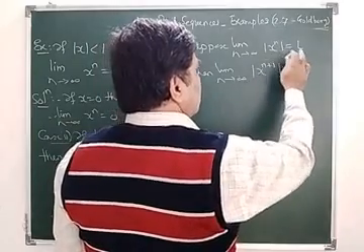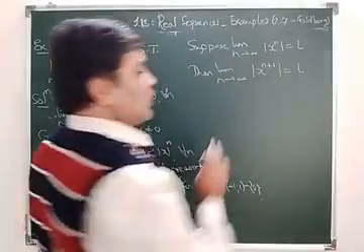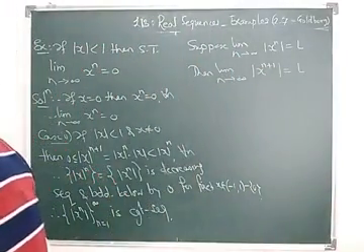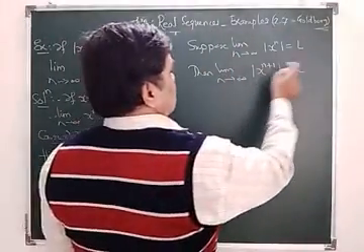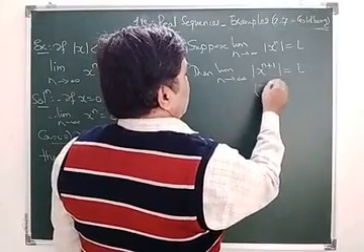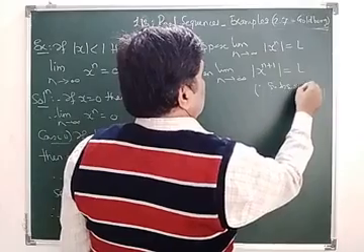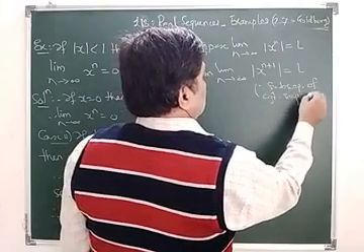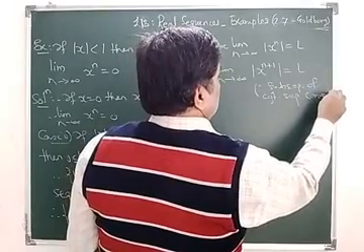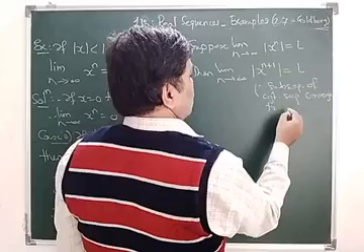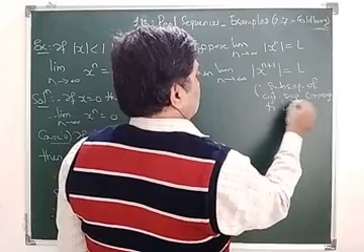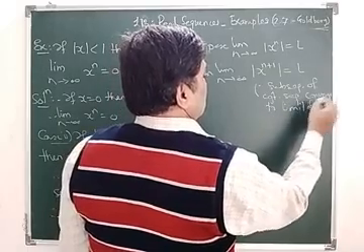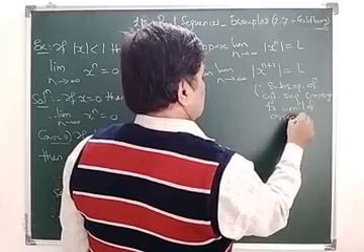Since if the given sequence is convergent, its subsequence also converges to the same limit. Okay. Subsequence of a convergent sequence converges to the limit of that sequence, the limit of the original sequence.